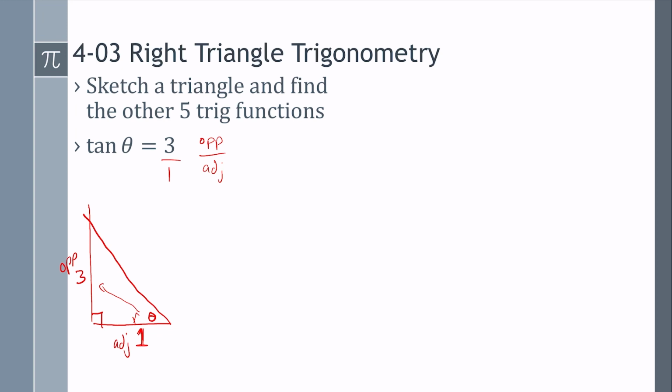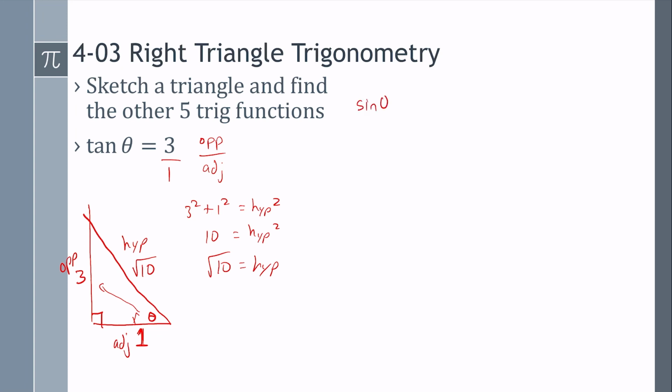All right, we need to find the hypotenuse. So 3 squared plus 1 squared equals the hypotenuse squared using the Pythagorean theorem. 10 is the hypotenuse squared, so the hypotenuse is the square root of 10.